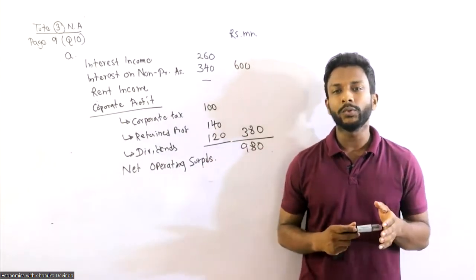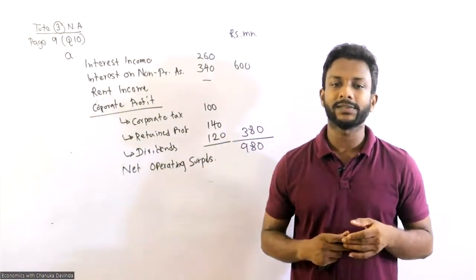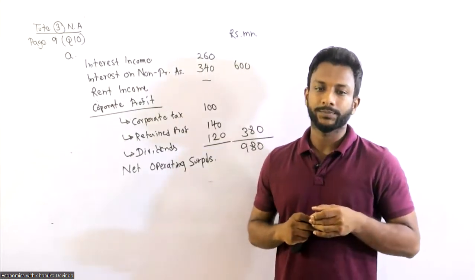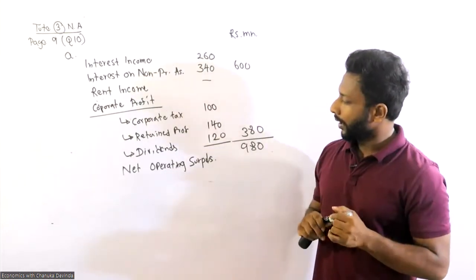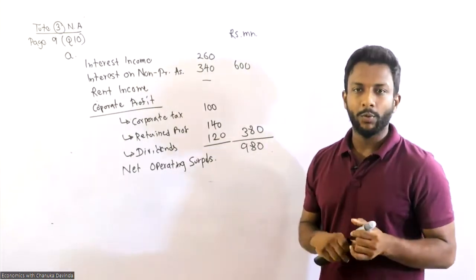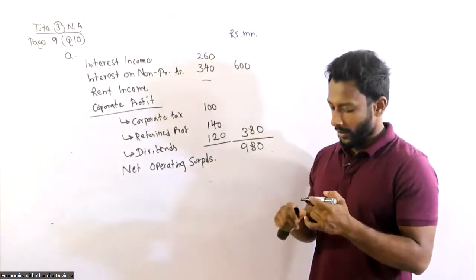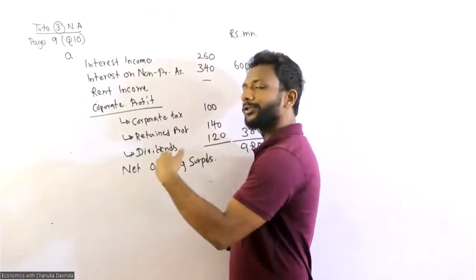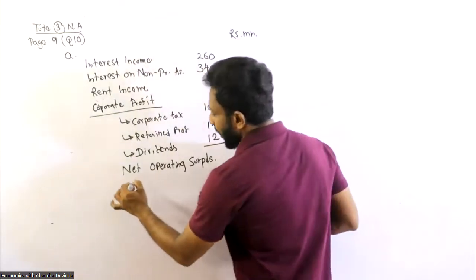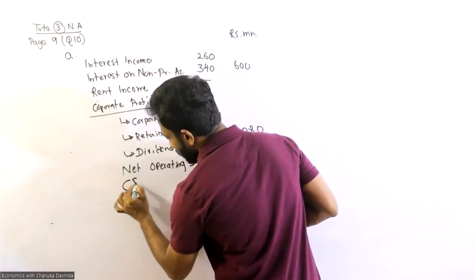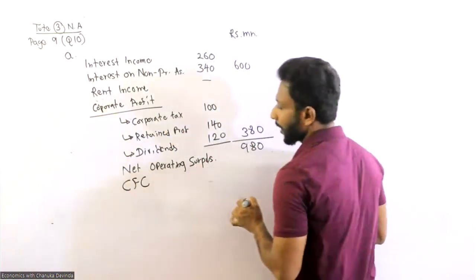It is very easy to calculate gross operating surplus as well. So here we have net operating surplus. What do we need more? We know net should be transferred to gross. Then there should be consumption of fixed capital, right?